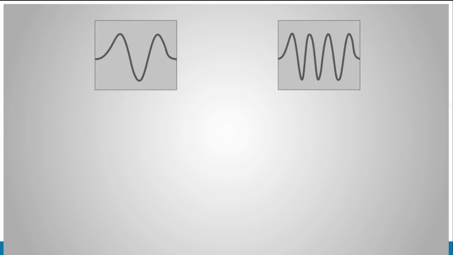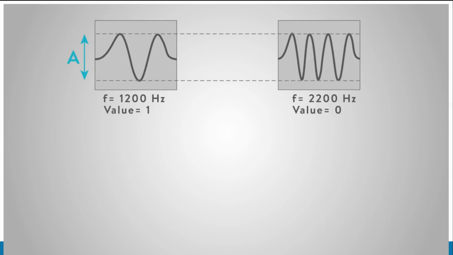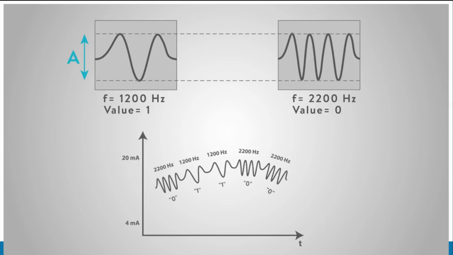The AC Hart sine wave oscillates at either 1200 Hz for a 1 value or at 2200 Hz for a 0 value. The amplitude of the AC sine wave remains the same, and for every oscillation, the amplitude of the first half of each sine wave above the DC current curve exactly equals the amplitude of the second half of each sine wave below the DC current.